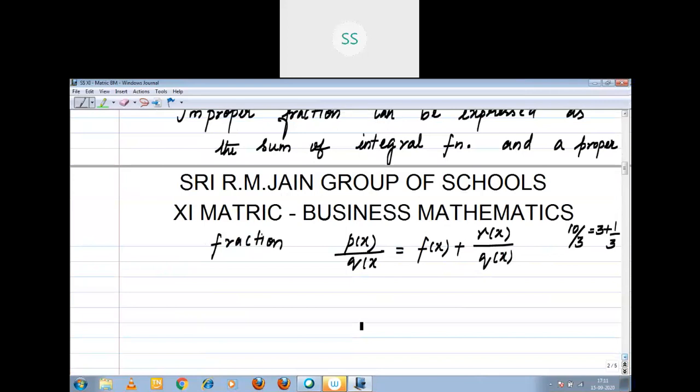Now, the denominator contains non-repeated linear factors. First of all, what is partial fraction? You should know. Whenever you are going to learn an unknown concept, you should go into the known concept, then you will pass on to the unknown.